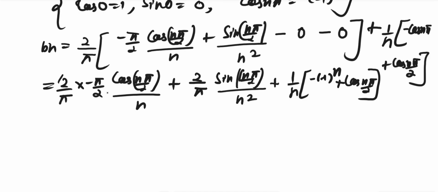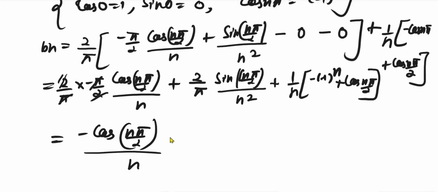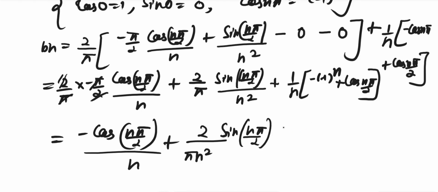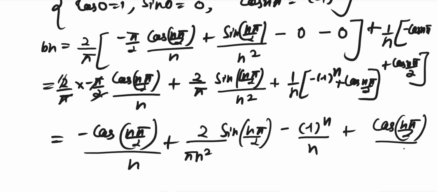Now in this, 2 cancels with 2, and pi cancels with pi. It is minus cos n pi by 2 divided by n plus 2 upon pi n square sin n pi by 2, minus 1 raised to the power n divided by n plus cos n pi by 2 divided by n.